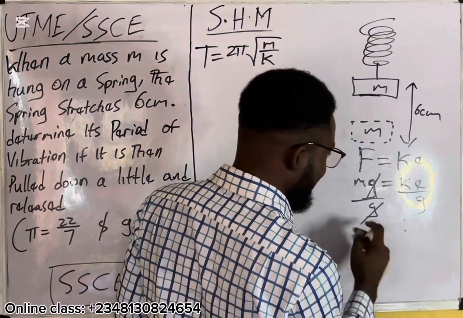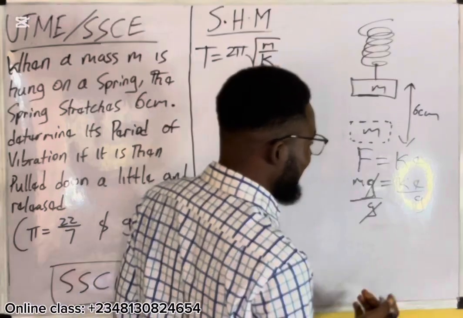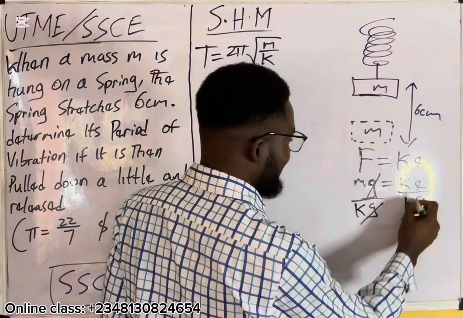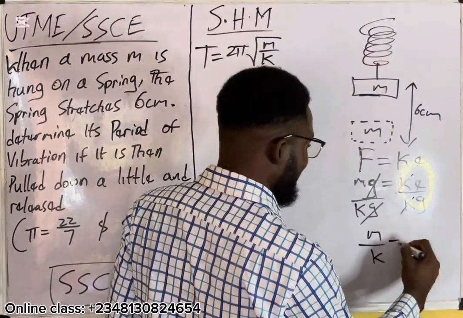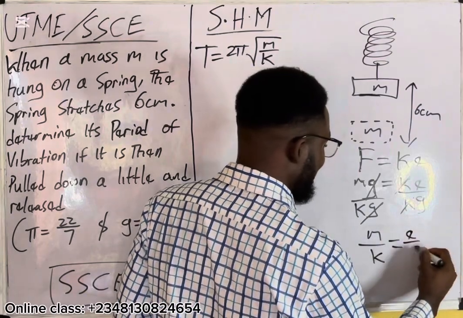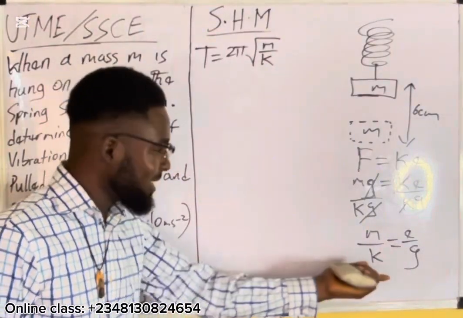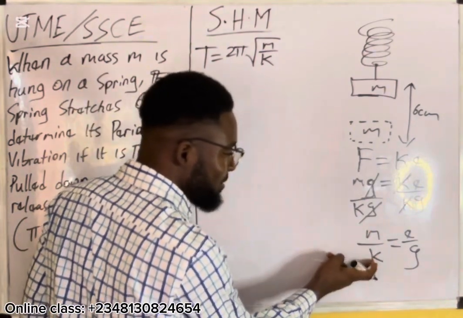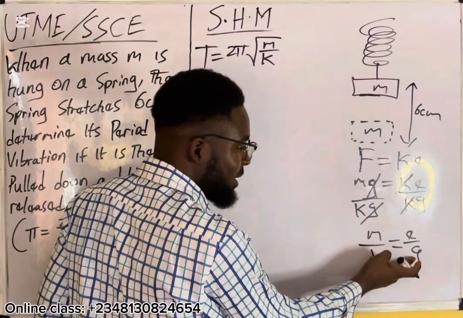Then I say right here, divide both sides by K. Divide here by K, divide here by K. So K cancels out K. So what do I have? M over K is equal to E over G. You can see it. This way it is clarified. So M over K, which is mass over the force constant of the spring, is equal to E over G.